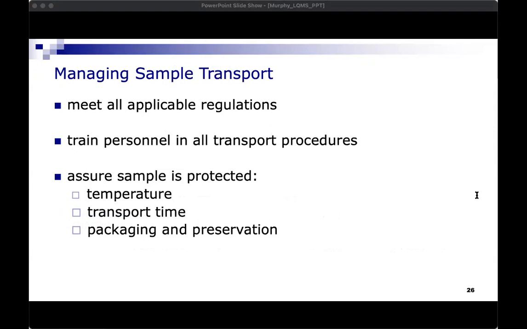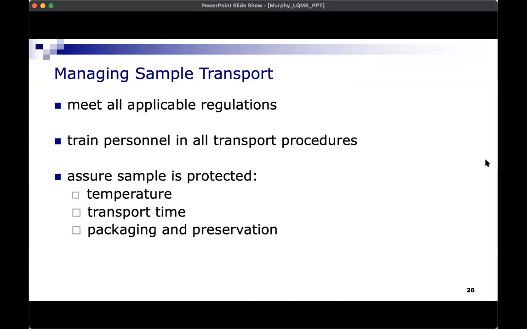So there are 2 intentions here, right? We want to keep everyone safe, and we want to make sure that any samples we are transporting are maintained and have good quality whenever they end up at their destination. Specific training may be necessary for people who are doing the packaging or the actual transporting.